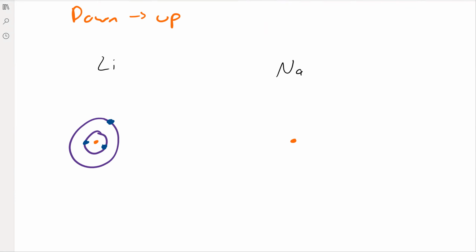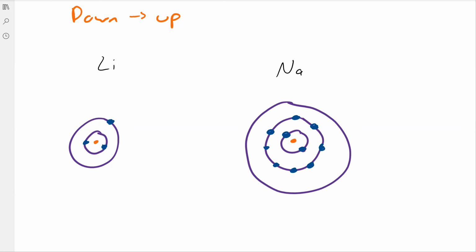Whereas in sodium, we have n equals 1 with its 2 electrons, and n equals 2, which is totally filled as well, so we've got 8 there. Then n equals 3 is where we have our lone electron. In this case, this lone electron is significantly further from the nucleus.